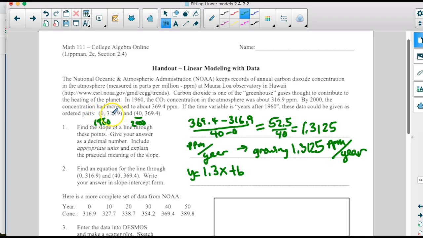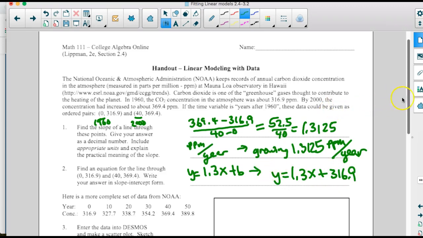So the b value is this, because if we put in 0 for x, it drops out, and y is 316.9, so that means my equation, without doing any work, is 1.3x plus 316.9. This is the initial value anyway, so we're starting there.